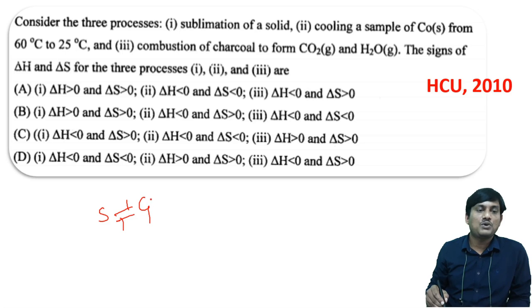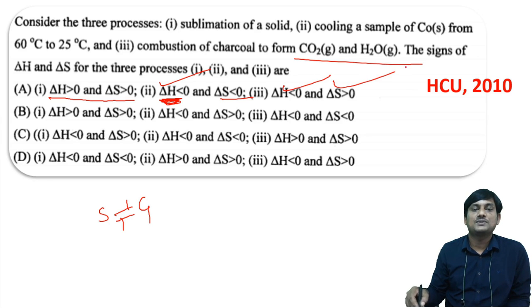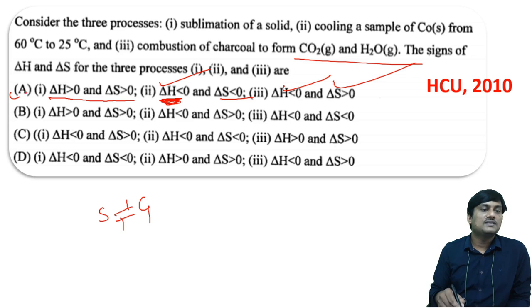So delta H is positive and delta S is positive. Second one, cooling: delta S is obviously negative, and in cooling there is a release of heat, so delta H is negative. Next is the combustion process: always delta H negative, and here there is a release of gases, so delta S is positive. So which one is the correct one?